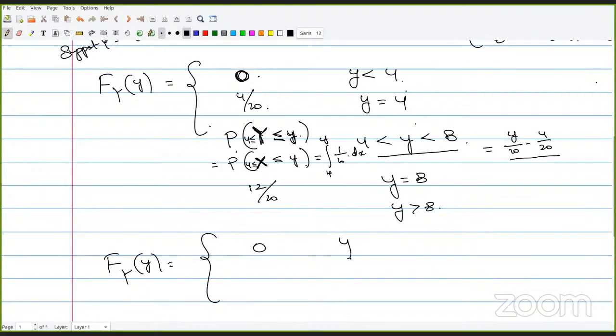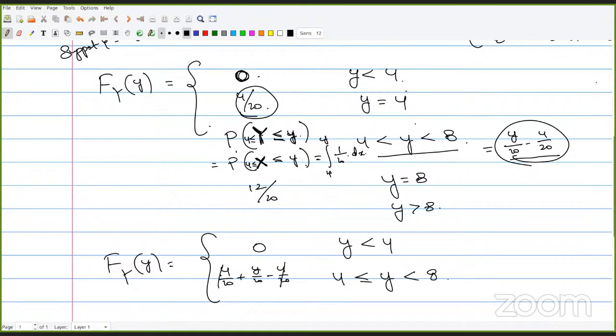they said 0 if y is less than 4, and they combined 4 to 8, taking this and adding both, 4 by 20 plus y by 20 minus 4 by 20, which is y by 20 in between 4 to 8, and if y is greater than or equal to 8, it will be 1.